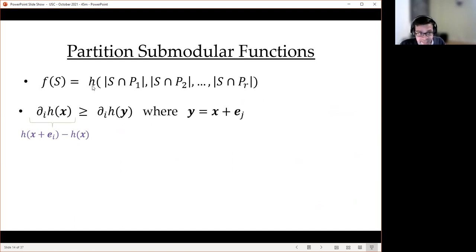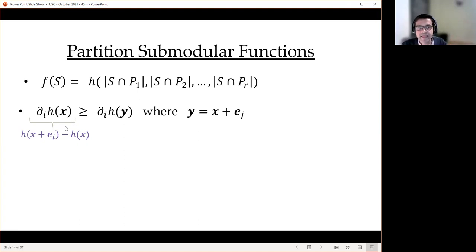So this is the definition again. It's a function of the various cardinalities. And what do I need about this function h? This h is a function now defined over, in some sense, the hypergrid, right? It's defined on the integer grid.